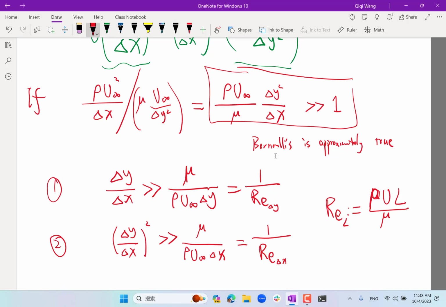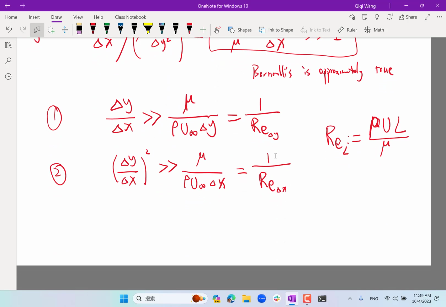That gives me, for what delta y, what is the scale in the y direction or the wall normal direction, can I ignore the effect of viscosity? Right? So if I'm looking at a length scale delta y much greater than the square root of 1 over Reynolds number with respect to the chord length, right? I can use delta x as a fraction of the chord length. Or let me just write it down again, right?